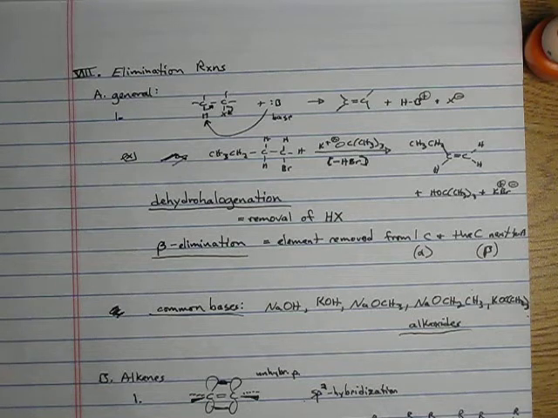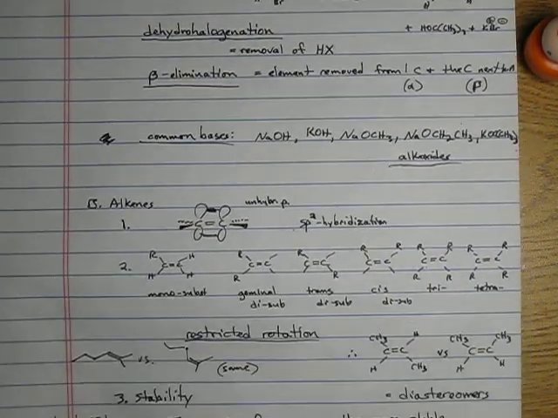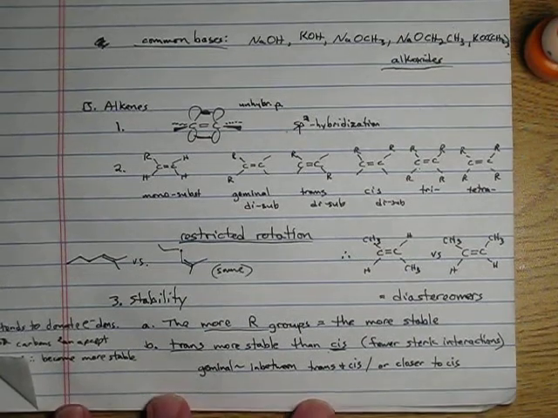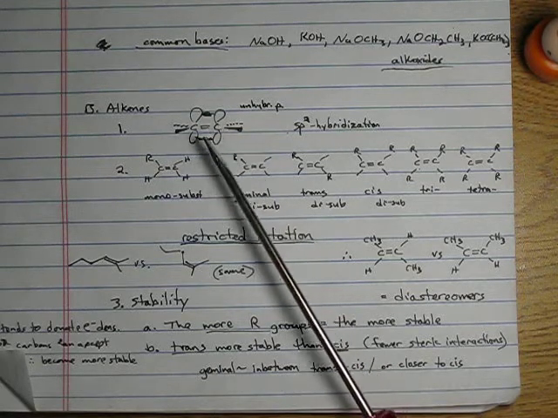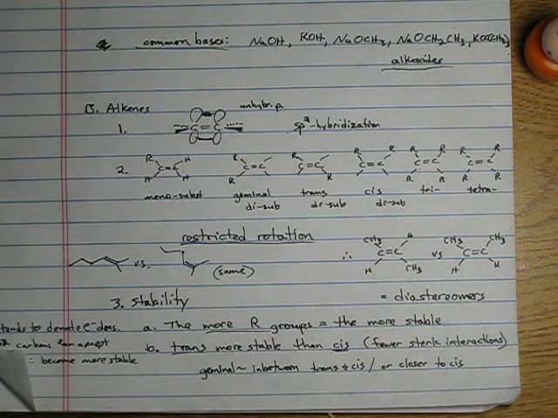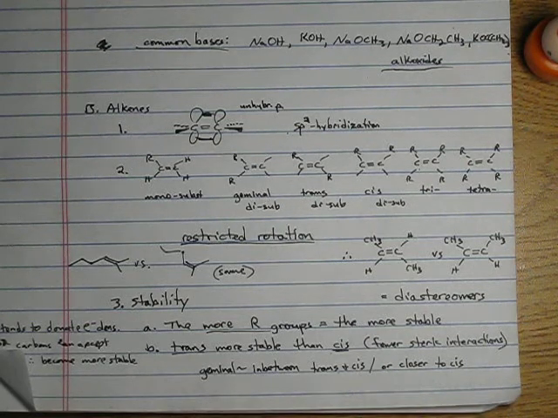All right. So, to get a better understanding of what's going on here, let's take a look at the alkenes that we will get as a product of these reactions. Recall, in a double bond, we've got a sigma bond and a pi bond from the unhybridized p orbitals on these sp2 hybridized carbons.